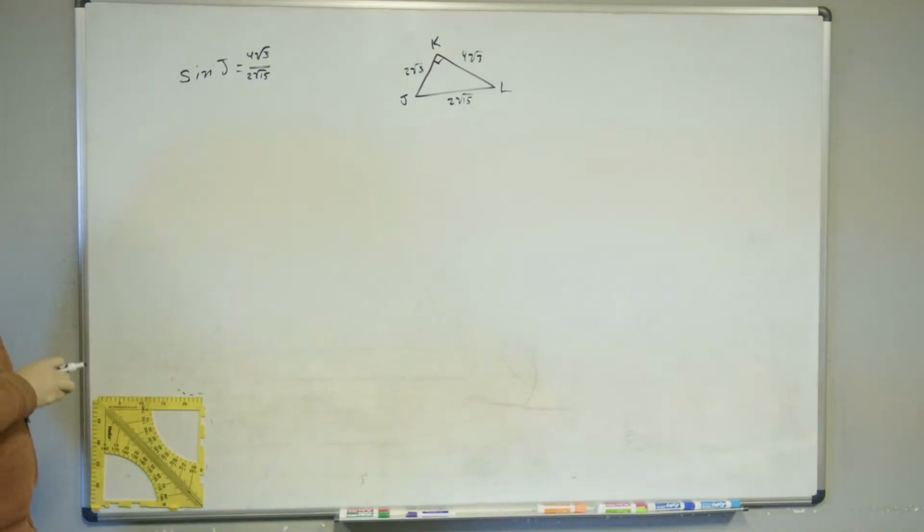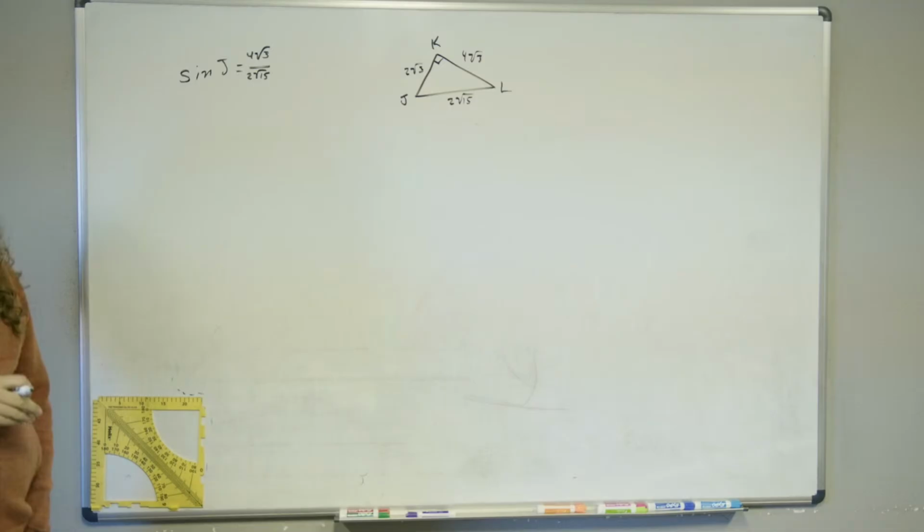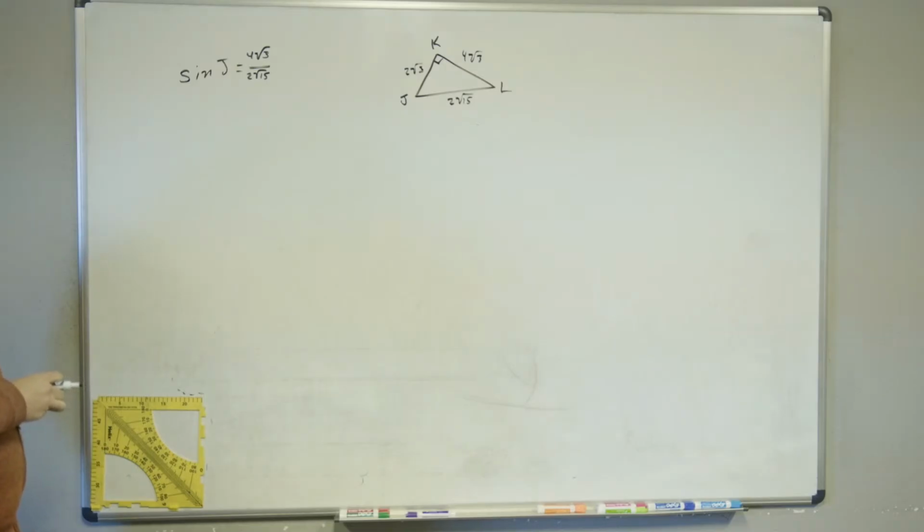So we need to simplify that. What do we need to do? Divide what? The 4s and the 2 or the square root parts? Okay, how do we divide that? There's a couple of different routes we can go to simplifying the square root part. Neither of them are division though.